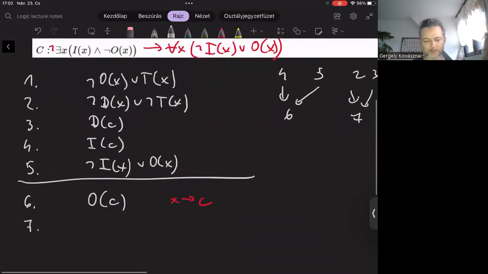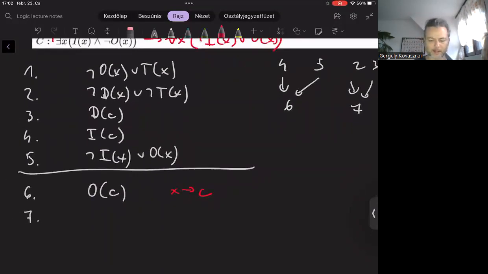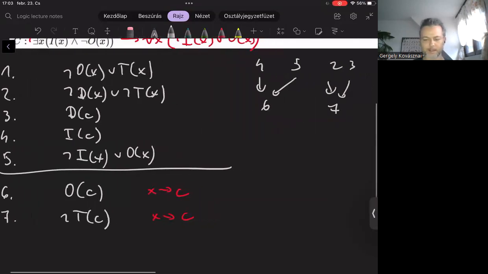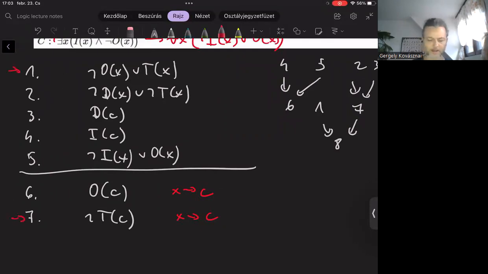In a similar way, we have to construct a unifier which substitutes X with C, and then the resolvent is going to be not T of C. Then in the next step, let's pick clause number 7 and resolve it with clause number 1. And again, the unifier will be X substituted with C, and the resolvent is going to be not O of C.